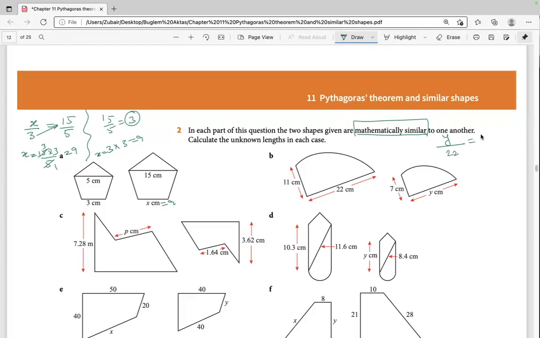And on the other side, 7 divided by 11. So y is equal to 7 by 11 into 22, and y is equal to 14.